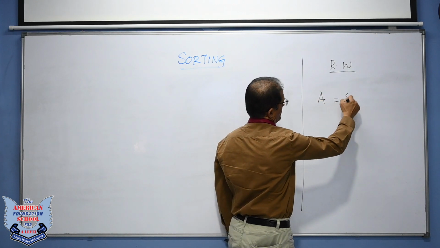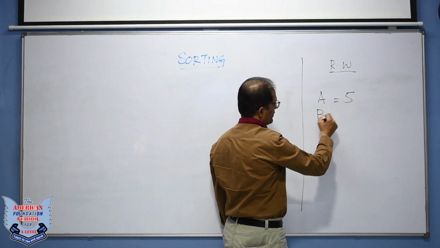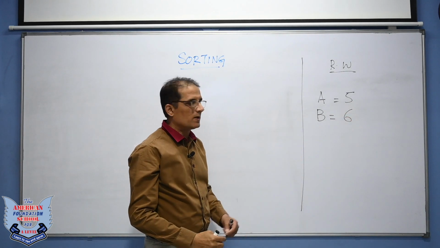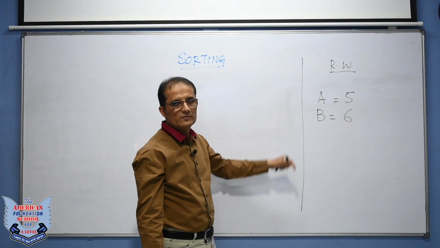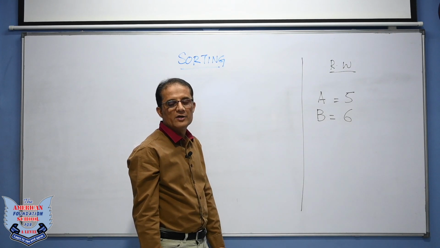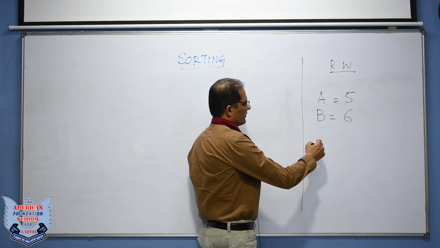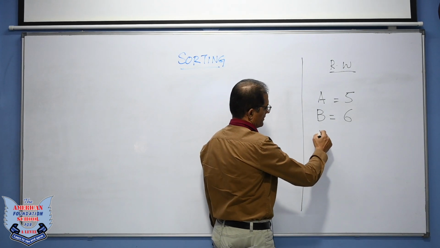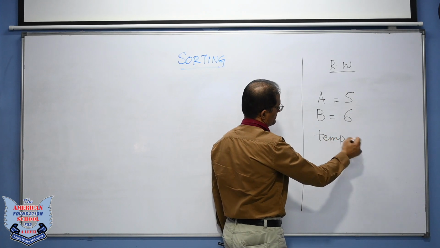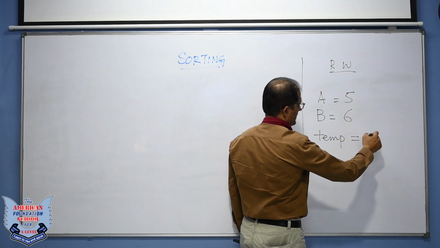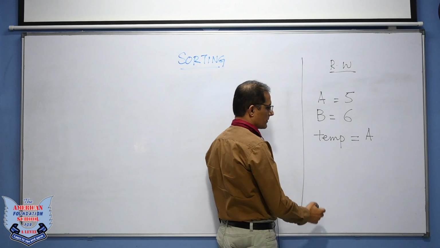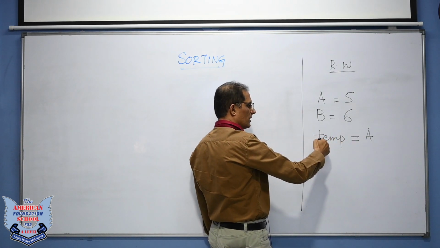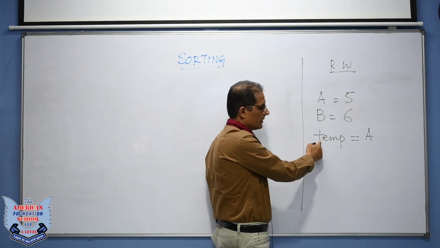Value of A is suppose 5. Value of B is suppose 6. When I say swapping, meaning the data of these two variables should be interchanged. For that, you have to have a third variable that can be temp here. If I write temp is equals to A, that means you have created the backup of A into the variable temp.